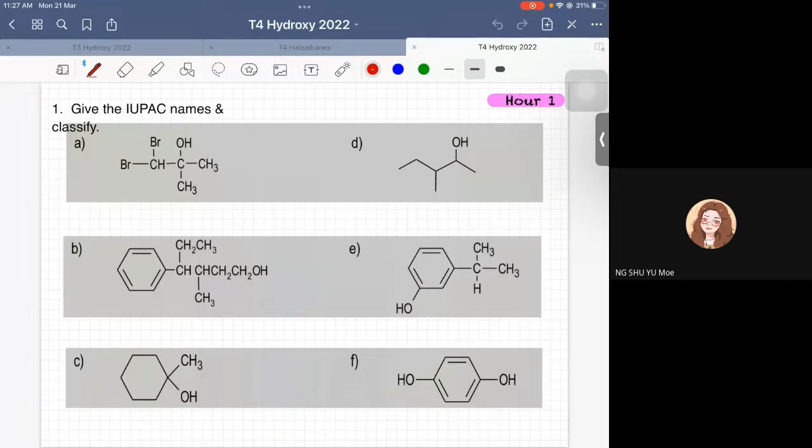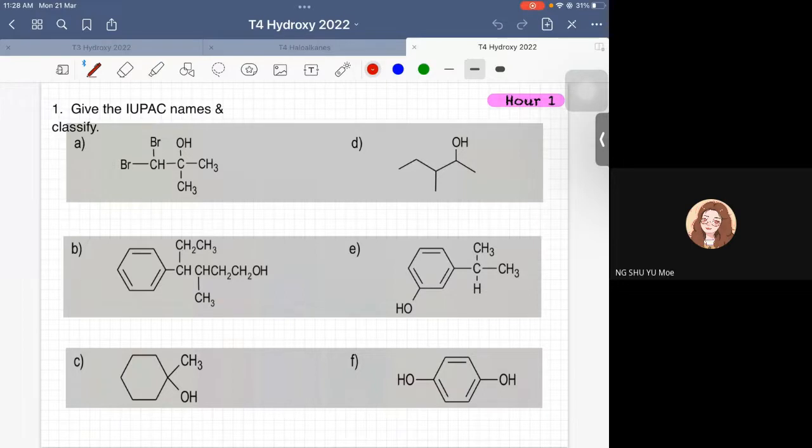IUPAC names alcohol dan classify. So bila sampai dekat alkohol, jika satu-satu compound tu mengandungi functional group halogen, alkohol, hydroxy group dan juga double bond, siapakah yang diberi priority untuk menjadi parent chain?